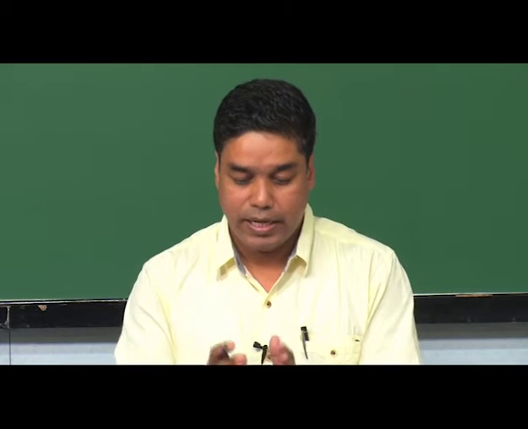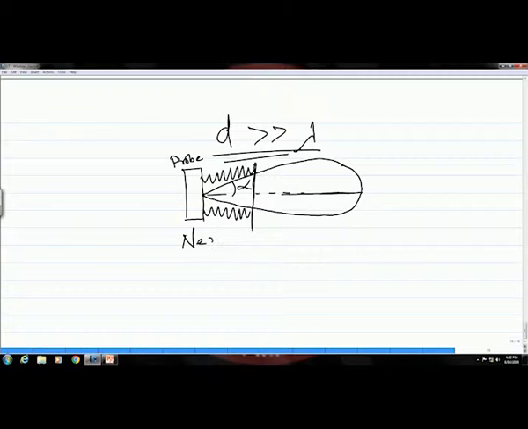So, the region where you have a lot of fluctuations near the transducer is called the near field, and the region away from the transducer where the beam becomes more uniform is called the far field. This near field is also known as the Fresnel zone.